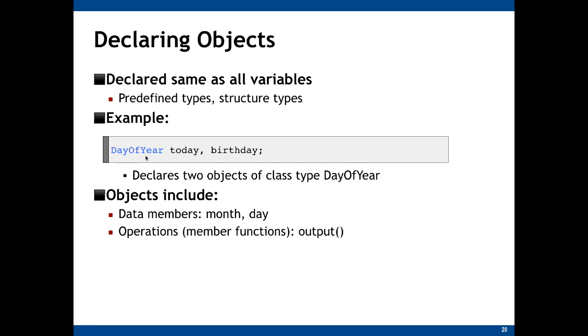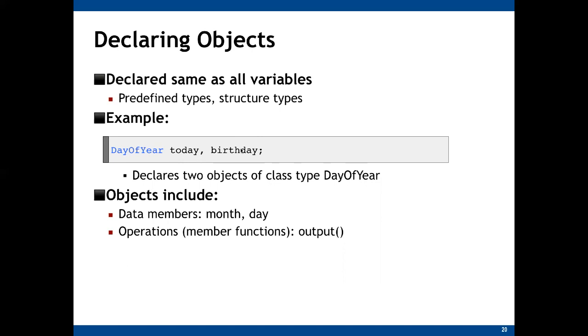You can create objects of the DayOfYear class like this statement. You specify the class name and then put the object name here. Here we declared two objects of the DayOfYear class, today and birthday. If you declare it, the object will be created.